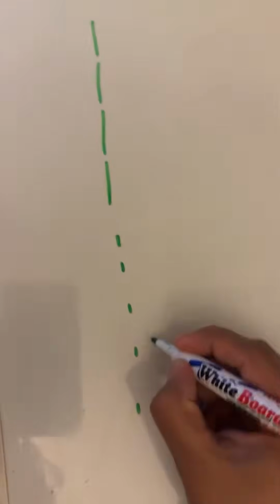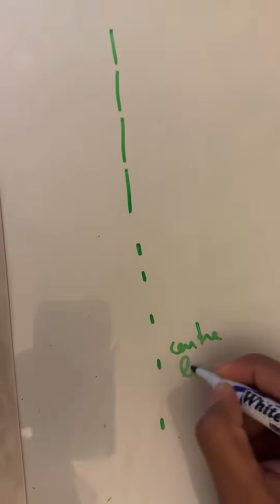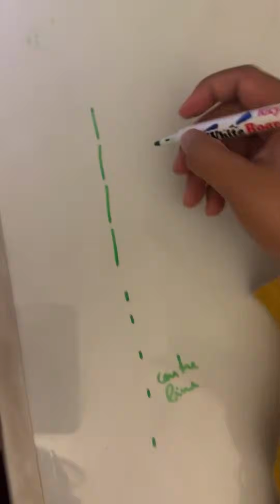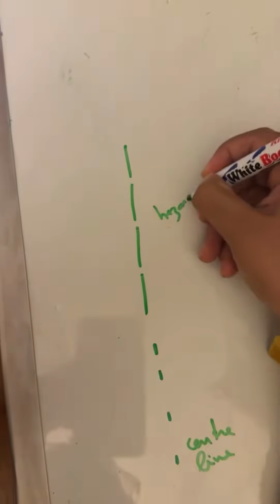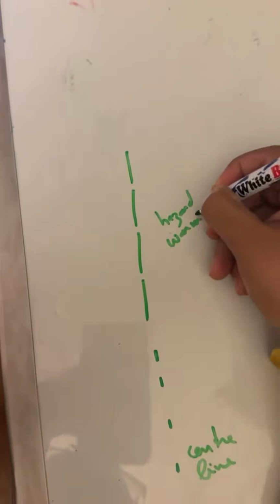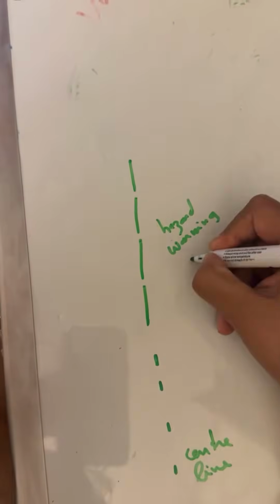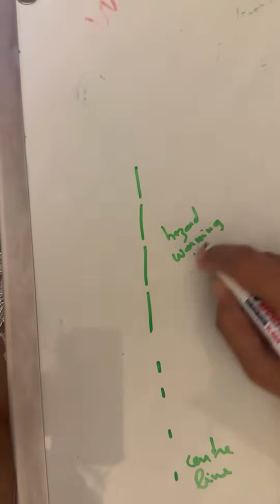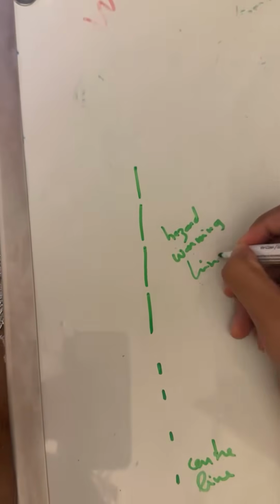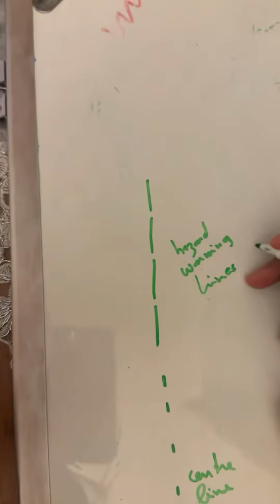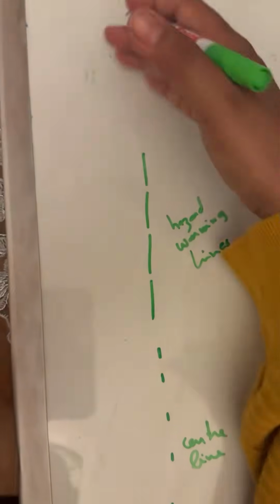So this is what we call a center line. Just normal, nothing to worry about. But this one, they call hazard warning lines. They warn you about a hazard, something coming ahead.